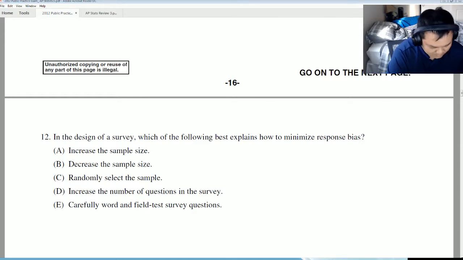Oh, then would it be E? Yeah, E is correct. Because the response bias is coming from the person who's taking the survey. Therefore, you want to create a situation that whoever is taking the survey gives you the best measurement.